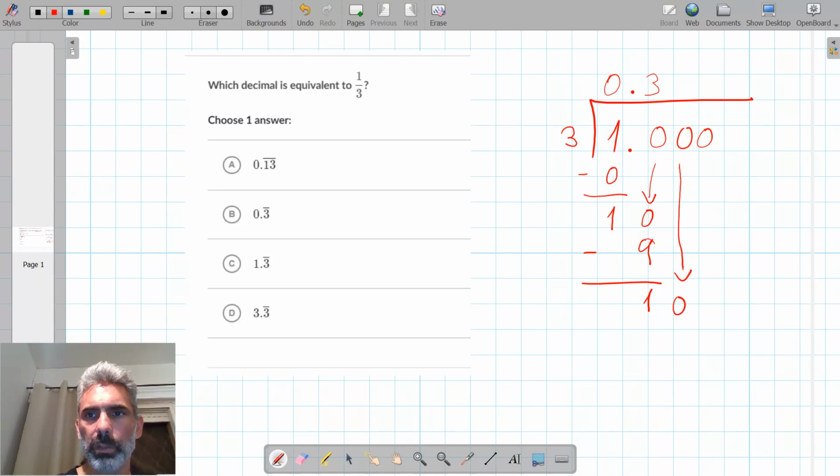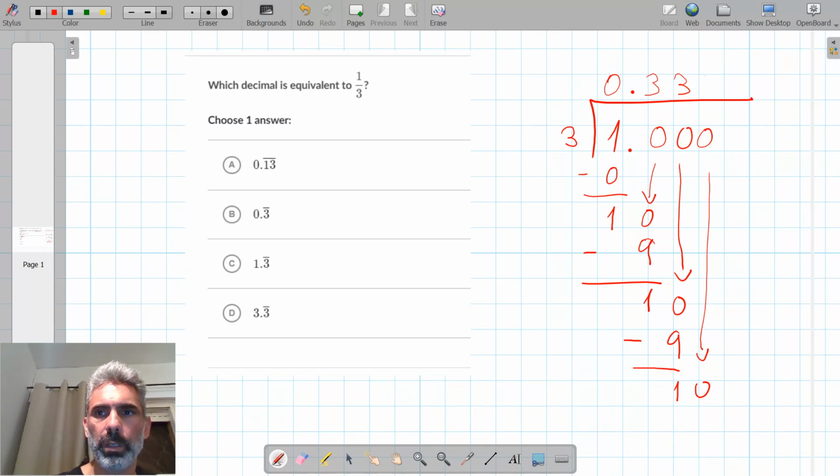3 goes into 10 3 times. 3 times 3 is 9. Subtract 1, bring down 0, and it goes on like this forever. 3 times 3 is 9.